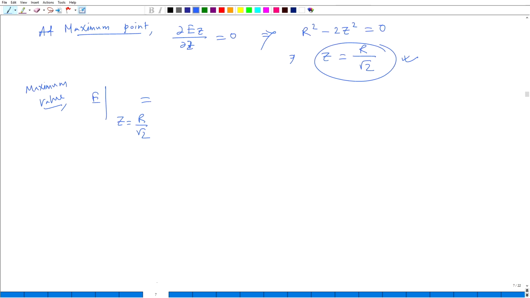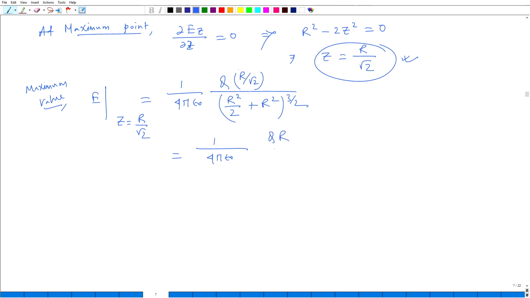So 1 over 4 pi epsilon naught, q, and z is r over root 2, over (r square by 2 plus r square), the whole to the power 3 by 2.